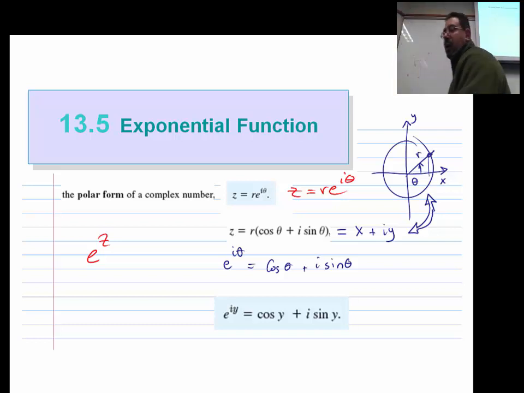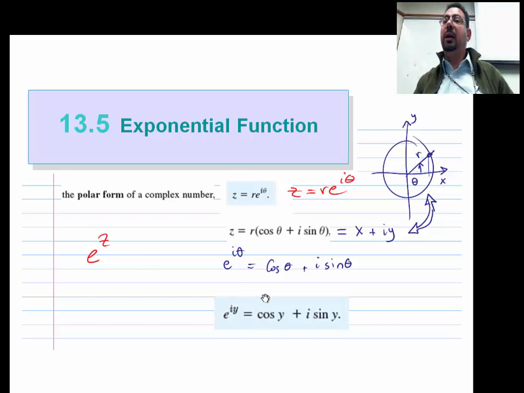That's the solution, following from this fact that e to the power iy is a complex number with this real part and this imaginary part. So e to the power iy is cosine y plus i sine y.